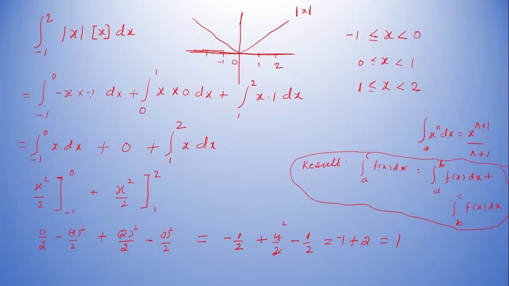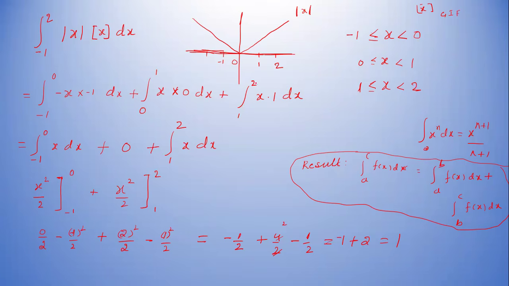Now, if you split that like this, -1 to 0: here, modulus of x is negative, and the greatest integer function value is -1, dx. Plus 0 to 1: in that case, modulus of x is x, and the greatest integer function value is 0.